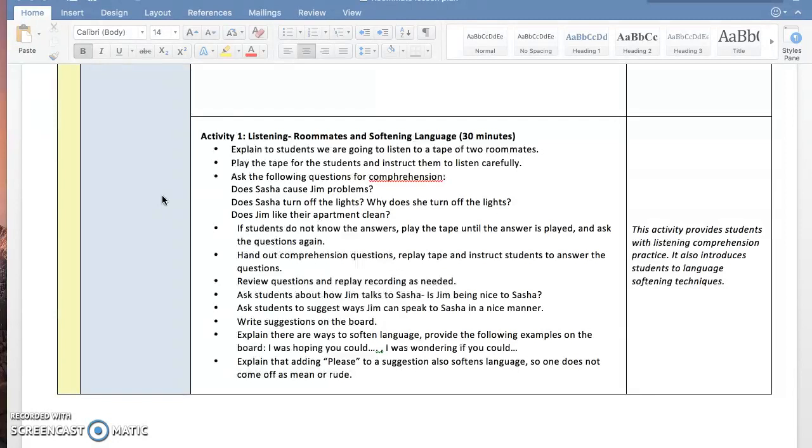So after those suggestions, the instructor will introduce the subject of language softening and introduce the phrases, I was hoping you could, and I was wondering if you could, and also using please and thank you when communicating. So this introduces students to a common situation amongst roommates, and the students are taught ways to handle the situation, which adds to the communicativity of the activity.